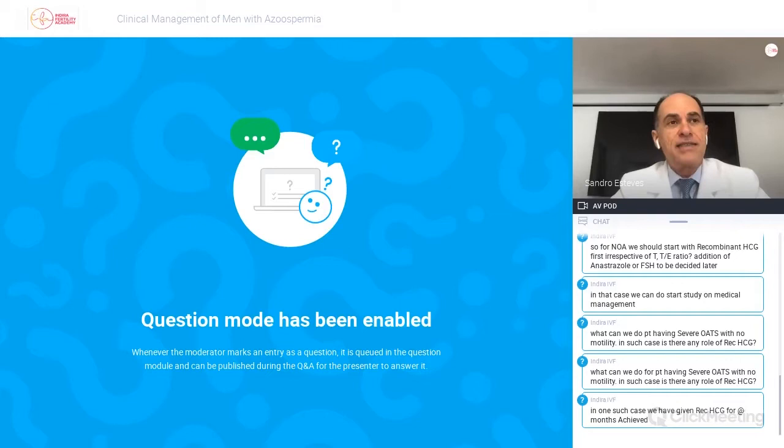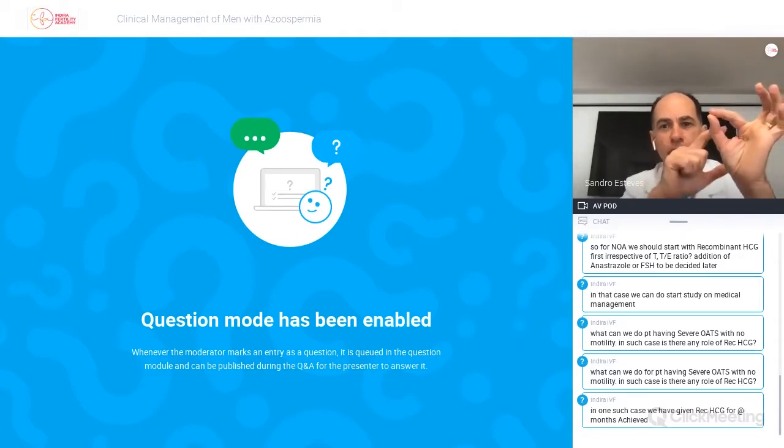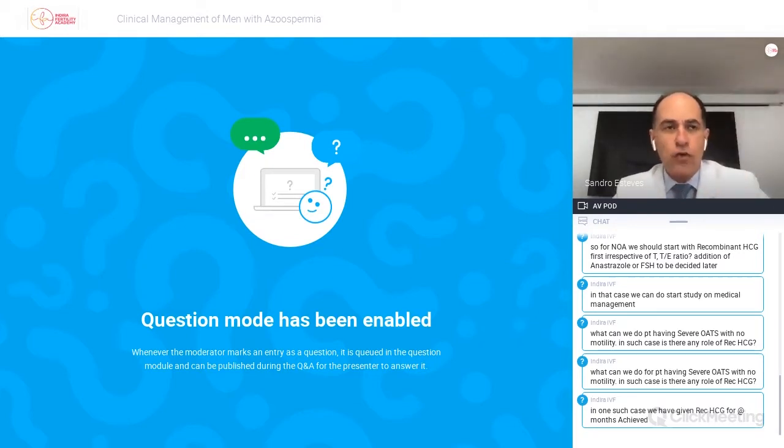The only issue in patients with severe OAT, cryptozoospermia, is that sometimes the testicles are quite small, and the best option for sperm retrieval would be biopsy instead of needle aspiration, because if testicles are small, there's an increased risk of creating hematoma by needle aspiration. There is also an increased risk of taking too little testicular tissue, and it could be hard to find enough sperm for ICSI.